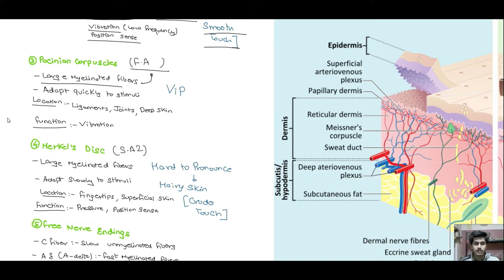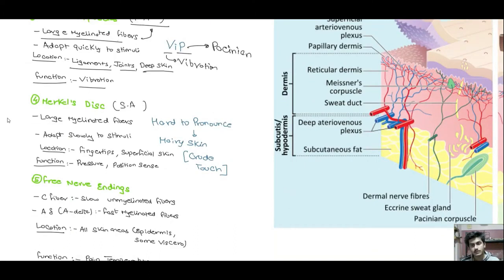And these are located in the region of the ligaments, the joints, and the deep skin. And since it has the function of detecting vibration, we have the mnemonic VIP, which stands for vibration in Pacinian corpuscles.